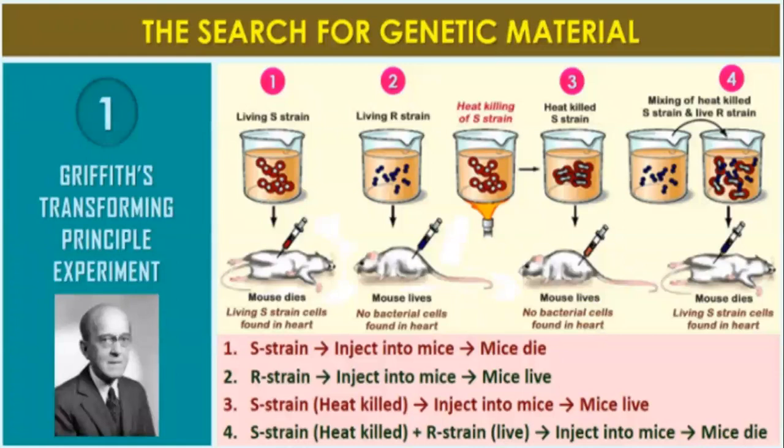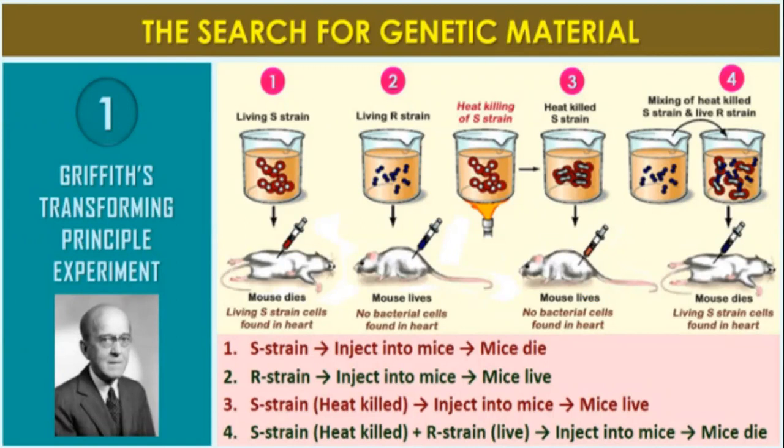Then he took an R-type bacteria and injected it into the mouse, and the mouse lived because R strain is non-virulent. In the third experiment, he killed the S-type bacteria, and when injected into the mice, it had no effect, and the mice stayed alive.